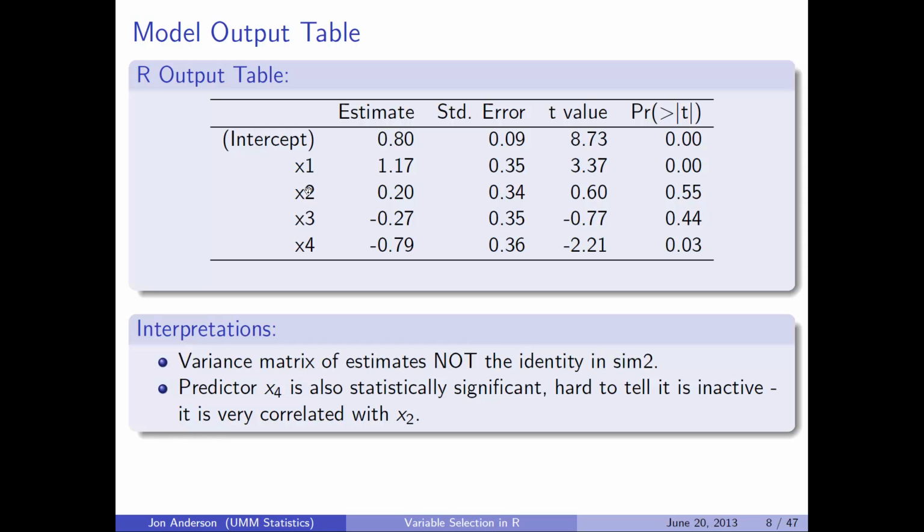It's getting lost because it's so closely correlated with x4 that x4 appears to be taking its place as significant. x3 and x2 are looking not significant. And so the purpose of this simulation is to show you the difficulties we have in determining active and inactive predictors when there are correlations between our predictor variables. And so it's a moment of caution.